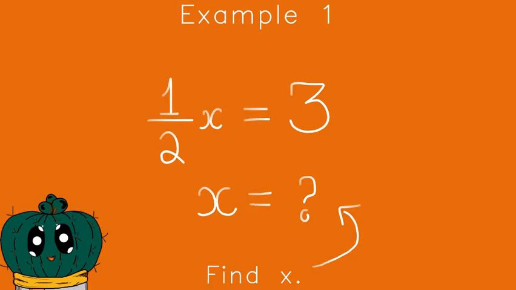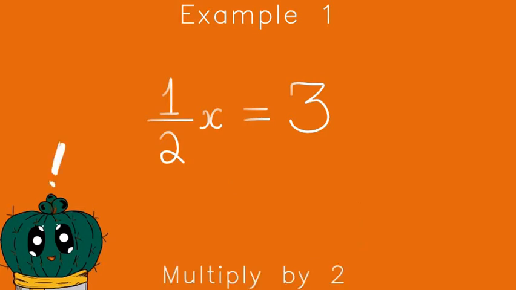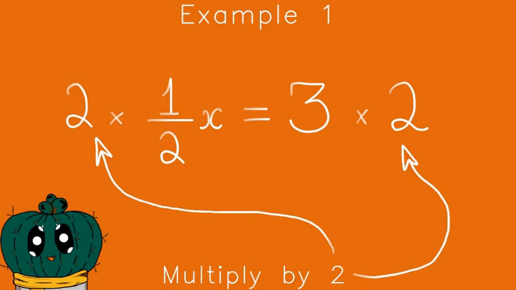So let's try to do this right now. The way you're going to remove the half that is in front of the x is by multiplying it by 2. Now when you multiply half x by 2 to remove the half, because you're not trying to ruin the balance of the equation, you're going to multiply 2 on the right hand side as well.